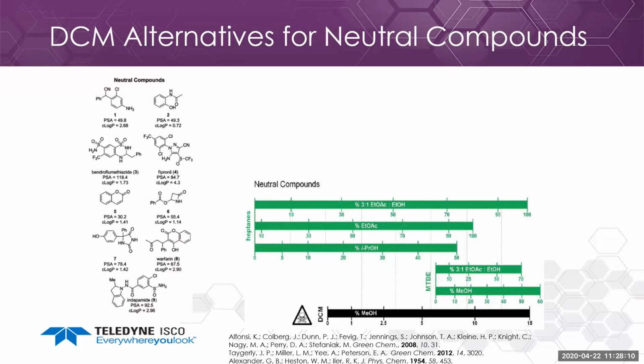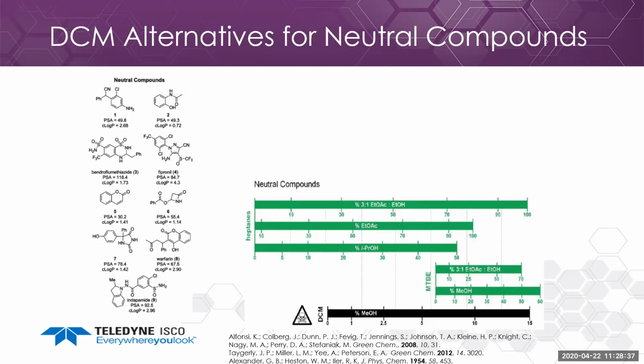And so for neutral compounds, what this graph is showing here is that from 0 to 15% methanol in DCM, you're able to get similar purification by using a 3-to-1 ratio of ethyl acetate to ethanol as your modifier in heptane, although you're going from a gradient of 0 to 100%.